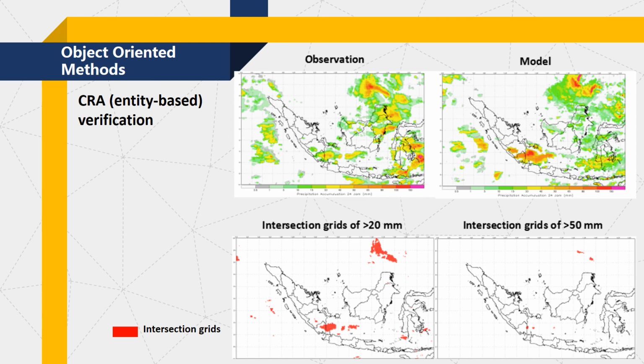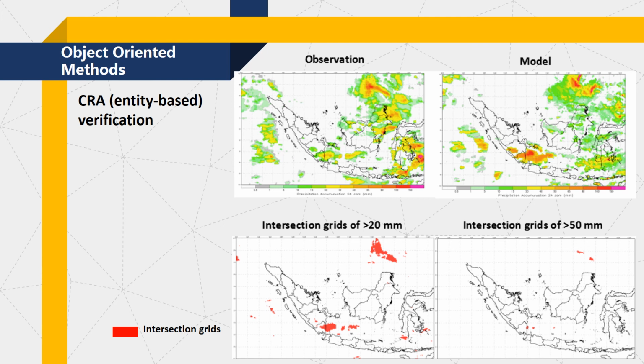In this image, we can see that there are some parts that have the same or identical value and pattern, but there are many signals that mismatch between observation and model data.